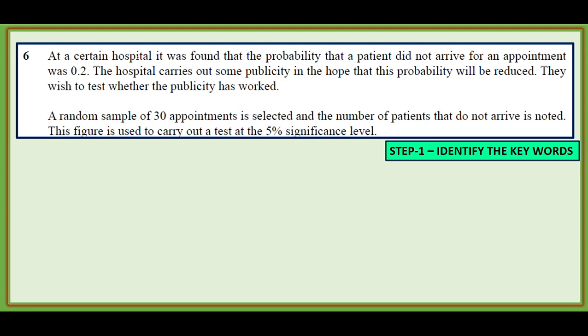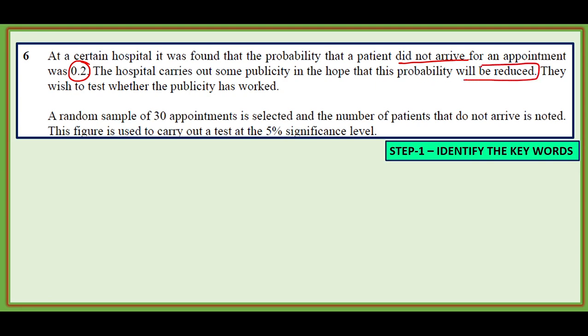So we will go to the question again. At a certain hospital, it was found that the probability that a patient did not arrive for an appointment was 0.2. We need to highlight the keywords from the question. The hospital carries out some publicity in the hope that the probability will be reduced.